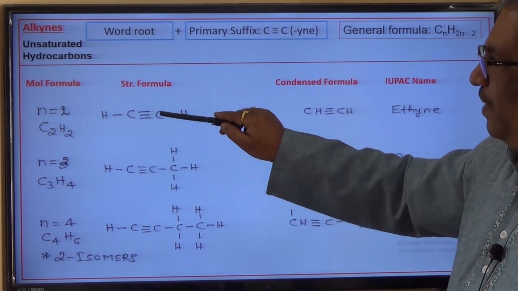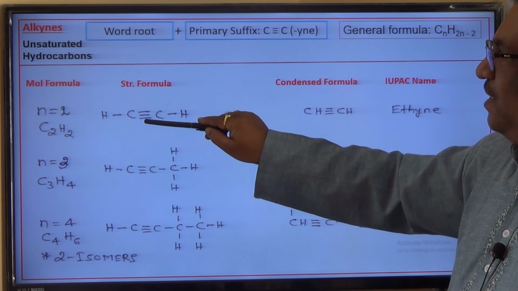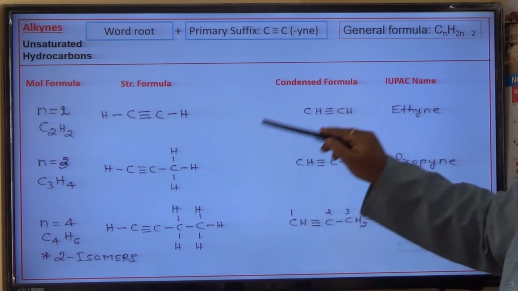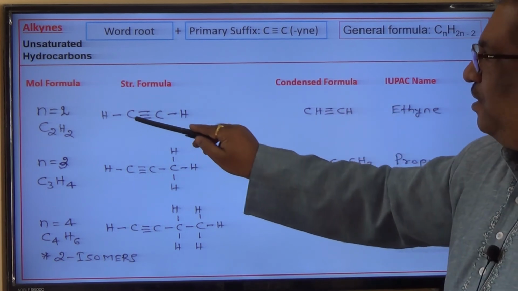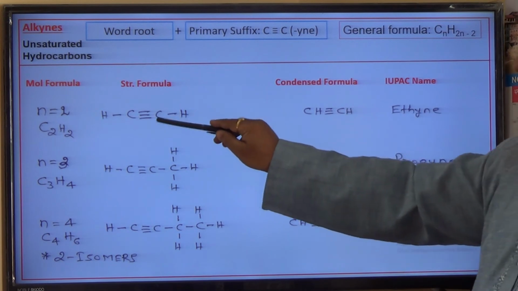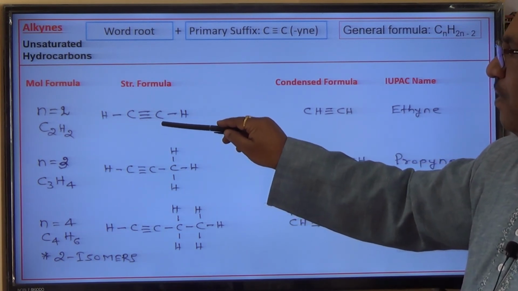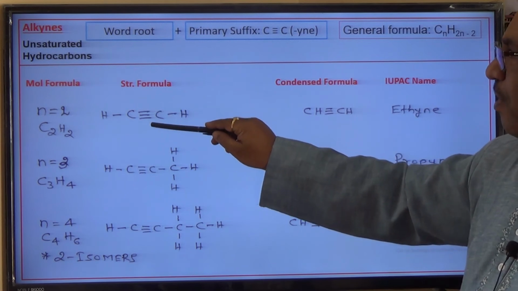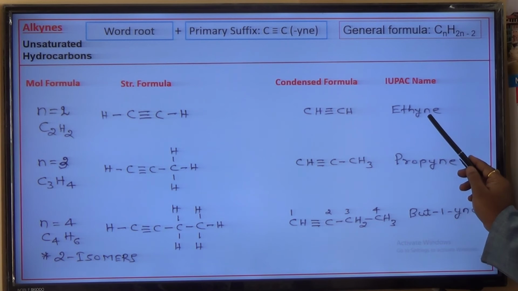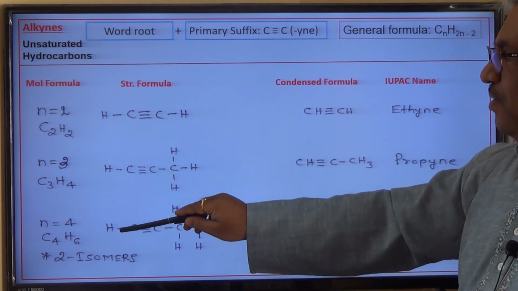First write 2 carbon atoms, introduce a triple bond, count the valencies for 4 and then write hydrogen on either side. Condensed formula CH triple bond CH. IUPAC name: this is the longest chain, 2 carbon atoms, therefore root word eth, triple bond yne, eth-yne, ethyne. Let me discuss the rest of the compounds' names on the board.